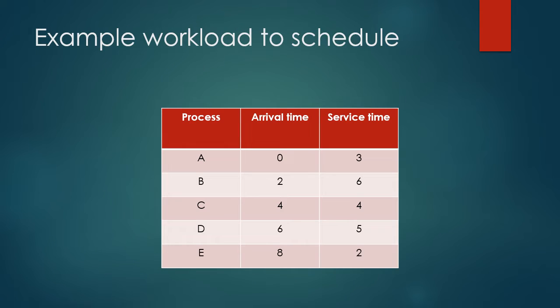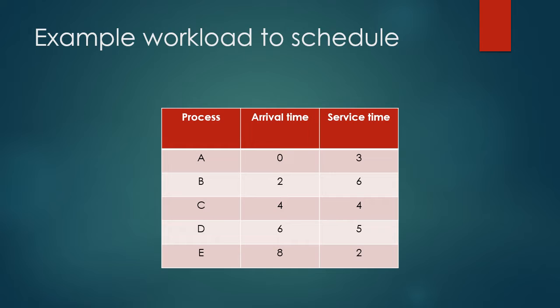In order to make you understand how a scheduling algorithm works, I am going to use it to schedule an example workload, which is shown on this slide. There are 5 processes: A, B, C, D, and E. This table lists their arrival times and their service times or running times or execution times. A arrives at 0 and requires 3 cycles of the processor or 3 seconds on the processor.